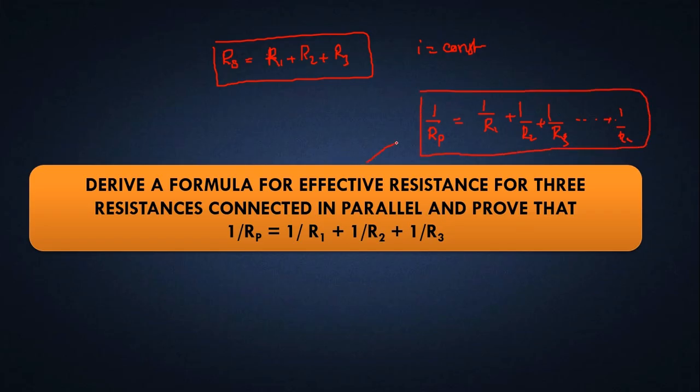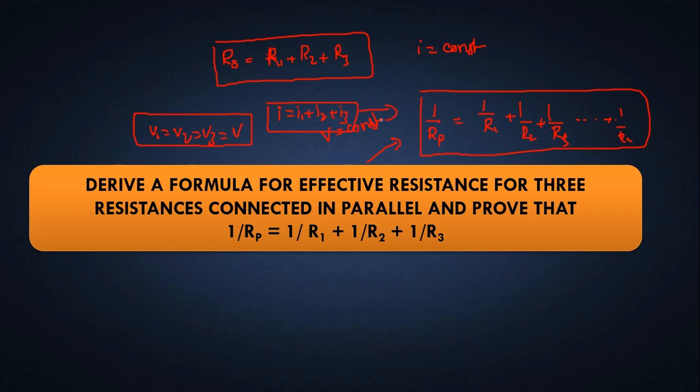But in this case, we have to maintain voltage as constant. V is equal to constant. So V1 is equal to V2 is equal to V3 is also equal to V. And I is equal to I1 plus I2 plus I3 in this case.